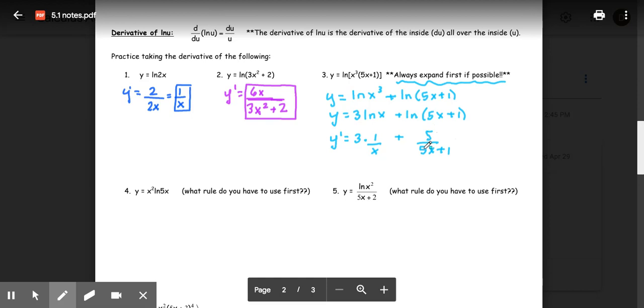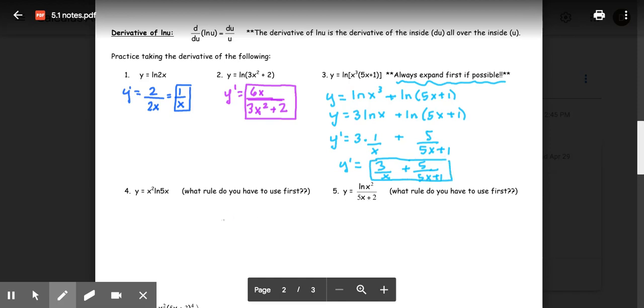Can't reduce these 5's because this 5x is attached to something else by addition. All you can do is simplify this as much as you can, which would make it 3 over x plus 5 over 5x plus 1. And there you go. There is the derivative answer.